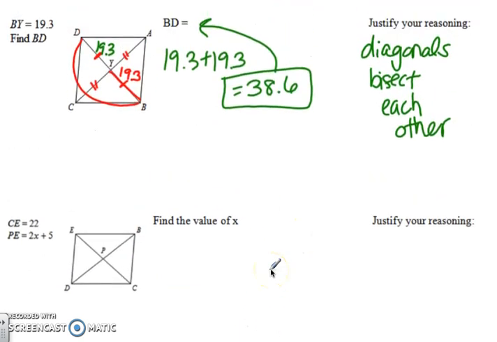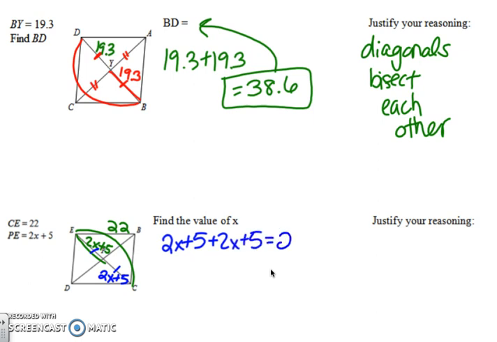Again, on this one down here, first I'm going to label. So the whole entire diagonal was 22. And this piece right here was 2x plus 5. Okay? So again, I know that this piece is congruent to this piece. So there's two ways you could solve it. You could say that this piece is also 2x plus 5. So you could say 2x plus 5 plus 2x plus 5 equals 22.